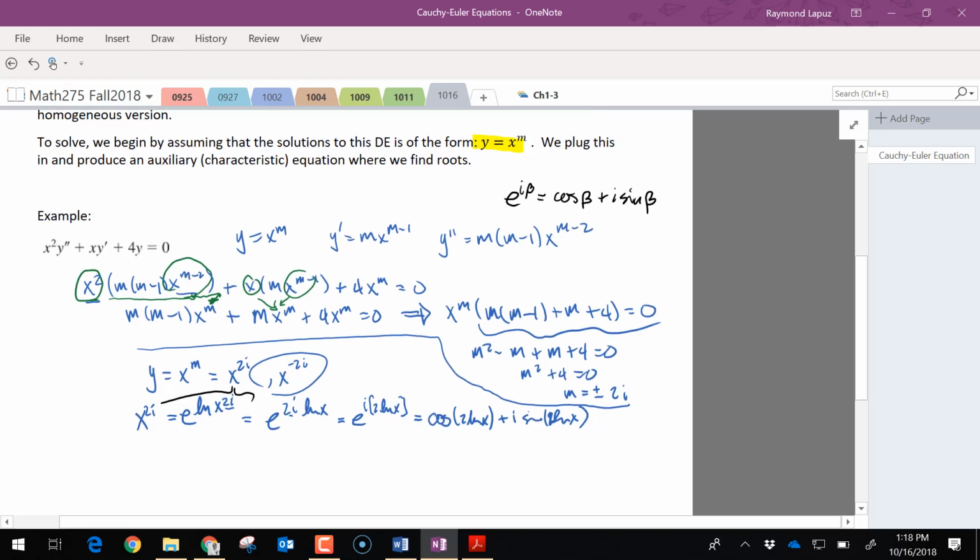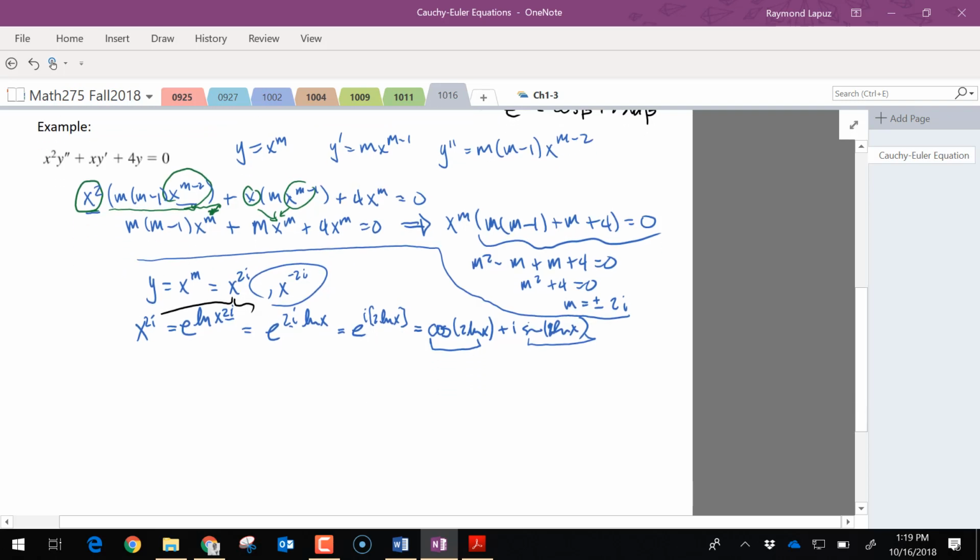So the two linearly independent solutions would just come out of this. So I think we have our answer. Your y1 would be the one with a cosine, and then your y2 would be the one with a sine. And that would be our solution.